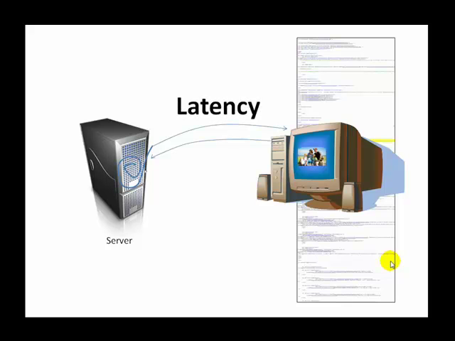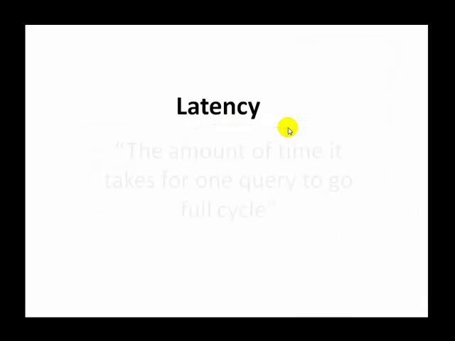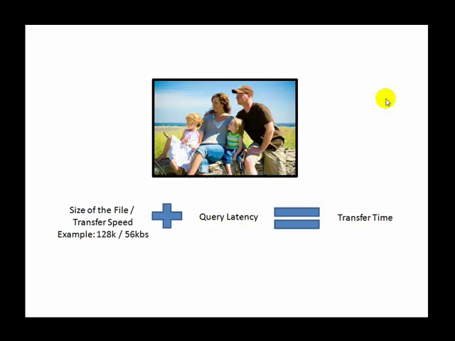This is latency. In addition to the file size, this actual loop process takes time. In most situations, latency is calculated by the amount of time it takes for one query to go full cycle. Normally, it's about 0.2 seconds.